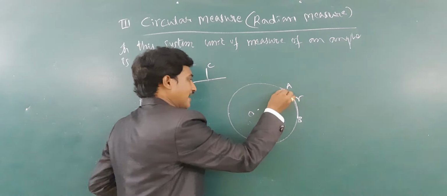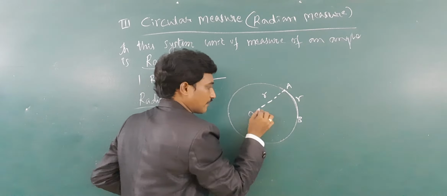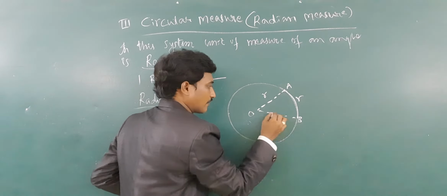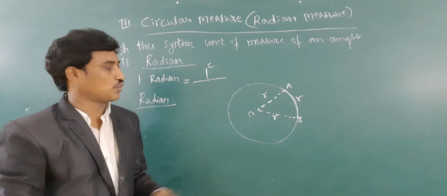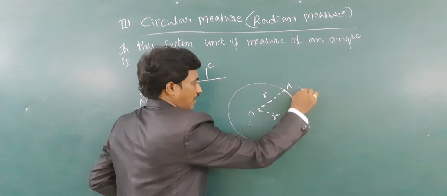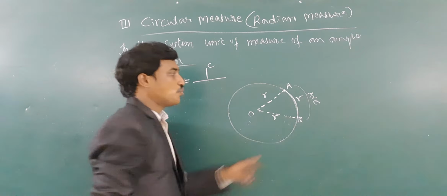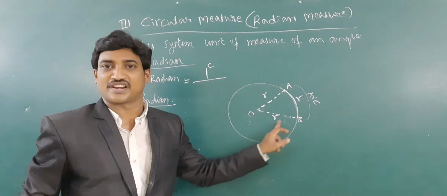Let me take the radius of the circle as R. AB is an arc whose length is equal to the radius of the circle.